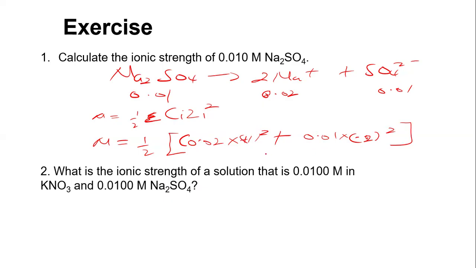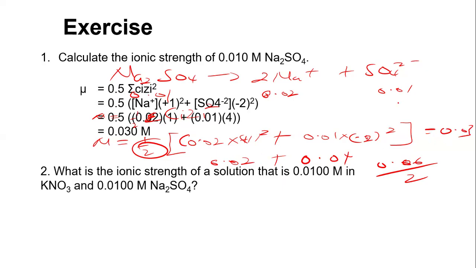The charge of sulfate is minus 2. If you simplify, 1 squared is 1 times 0.02 gives 0.02, plus negative 2 squared is 4 times 0.01 gives 0.04. When you add these two, you get 0.06. Divided by 2, that is the half here, that gives you 0.03. So my answer here is 0.03. The question has been solved at the back.